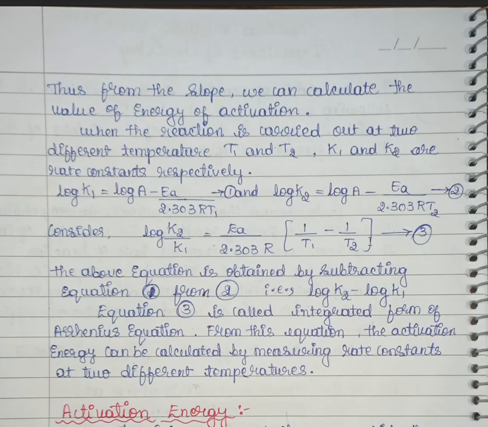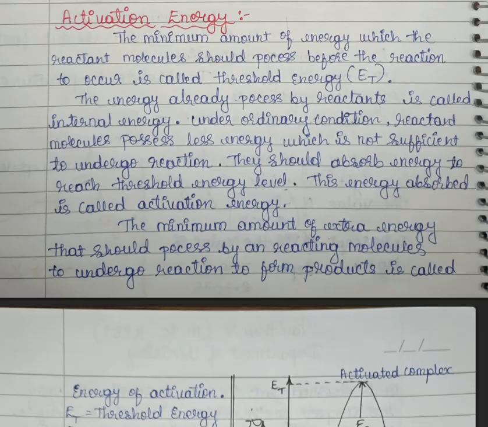We can take the LCM T1 T2, and write it also as T2 minus T1 divided by T1 T2. So this is the equation in which log K2 minus log K1 can also be written. This is the integrated form of the Arrhenius equation, and this is the derivation of the Arrhenius equation. From this we can calculate the rate constant at two different temperatures.